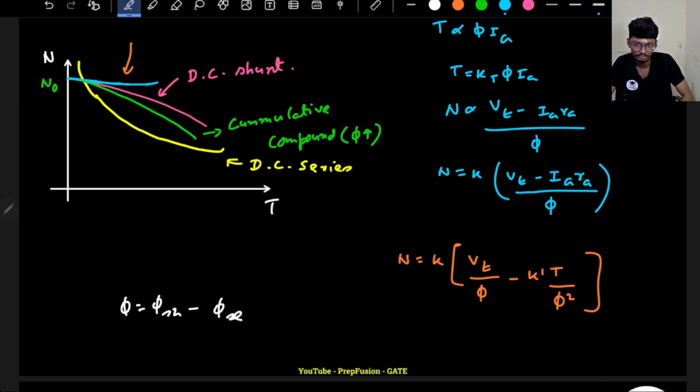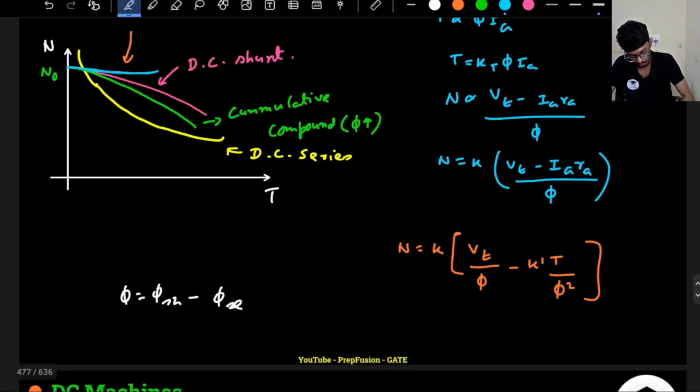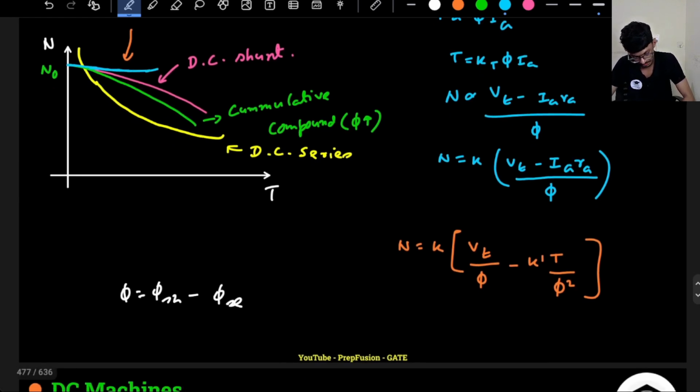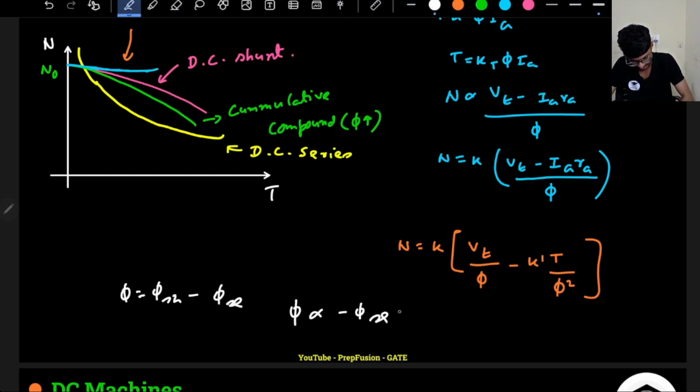After a certain point, it will go into the unstable region, because if torque is increasing, phi series will keep on increasing. So basically my flux will be proportional to negative of phi series. If it is negative of phi series, then the series flux will be dominating, so shunt flux will go away.